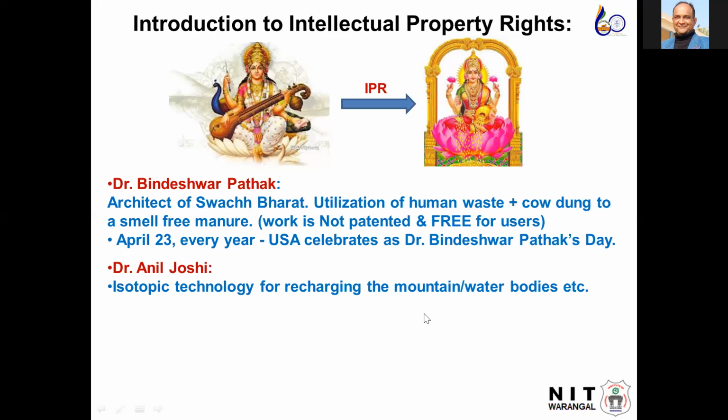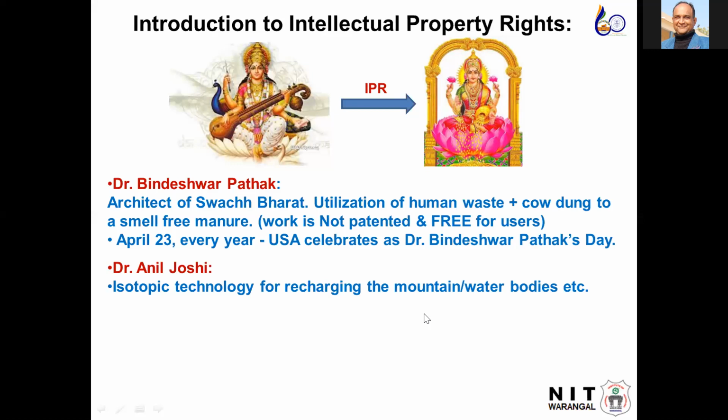See, he saw that in Rajasthan there are a lot of mountain areas, is it not? And he saw that some parts have a lot of water, and the rest of the parts do not have water. So he studied how the flow of water goes whenever it rains. For that, he used this isotopic technology.